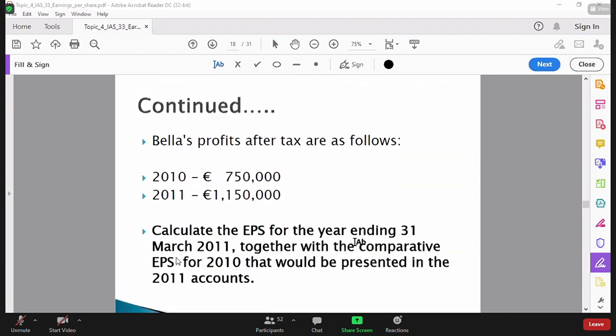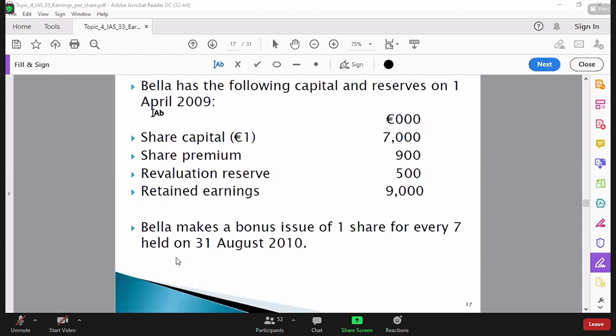Now, Bella's profit after tax are as follows. Because we want to do 1st April 2009, it means the accounting period for this question ended on the 31st March 2009.